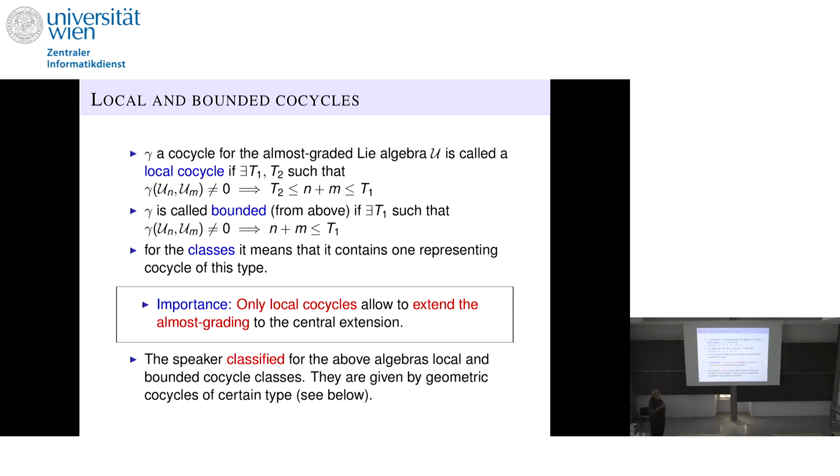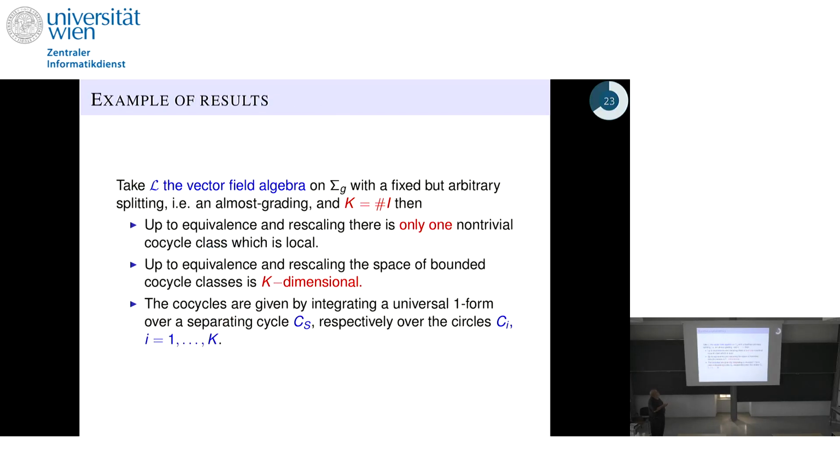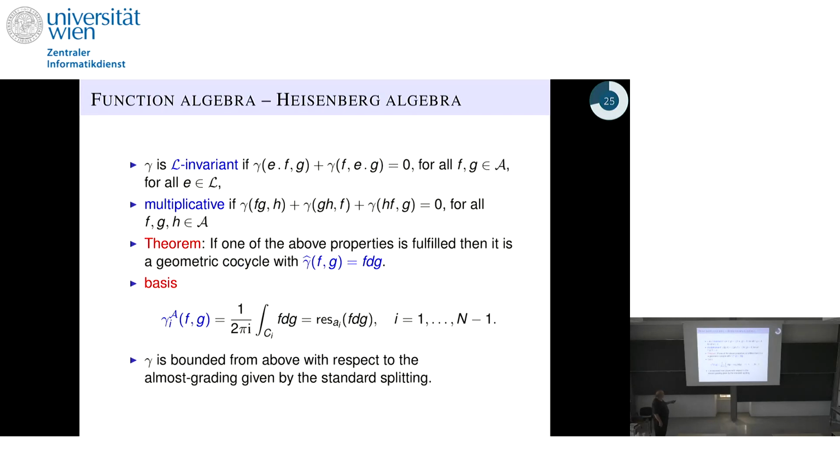For the classes, it means that each contains one representing cocycle of this type. What I did was classify all local and bounded cocycle classes for all this geometric situation. Now I have to make a certain shortcut so that I can at least end with this.